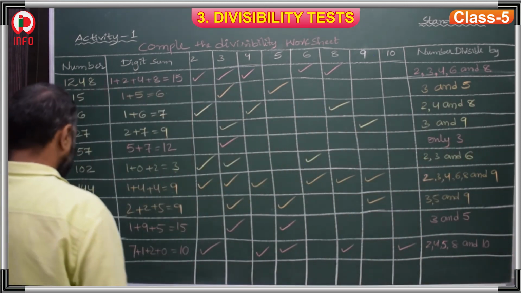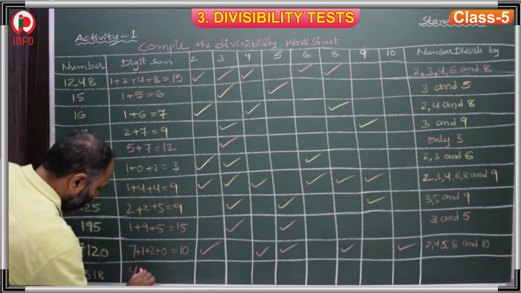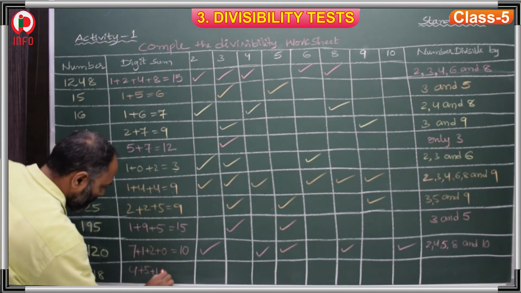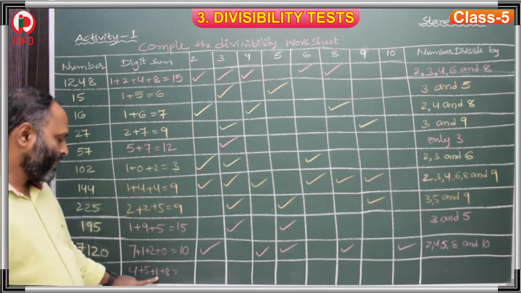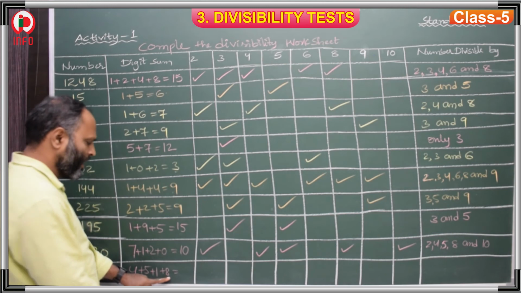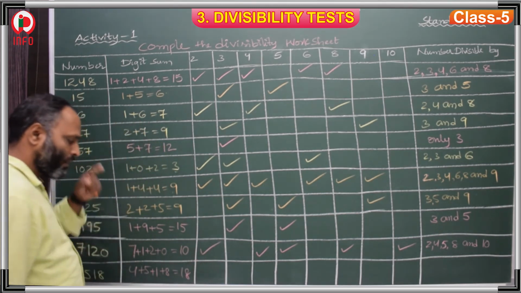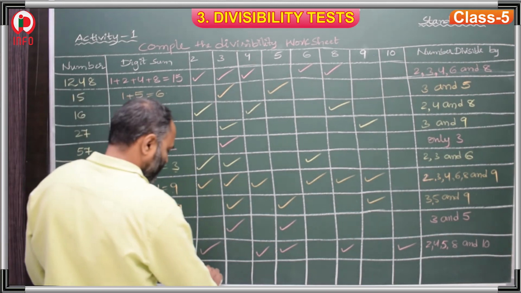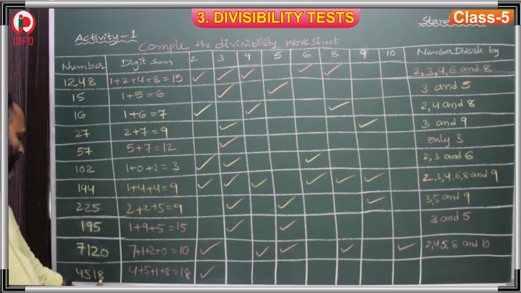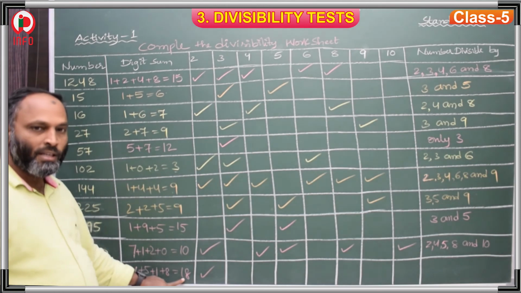Now here, 4 plus 5 plus 1 plus 8. 4 plus 5 is 9, plus 1 is 10, 10 plus 8 is 18. In this number 4, 5, 1, 8, it is even, so it is divisible by 2. The sum of the digits is 18, so it is divisible by 3.